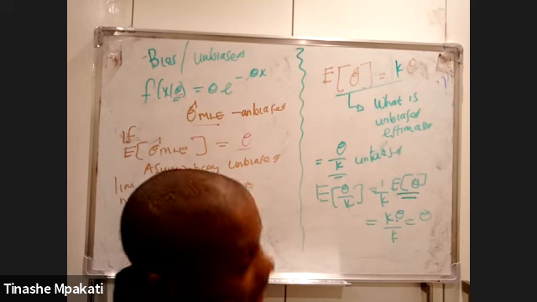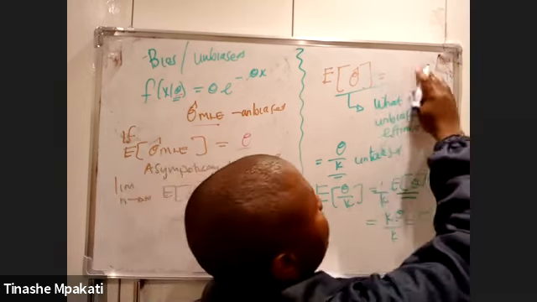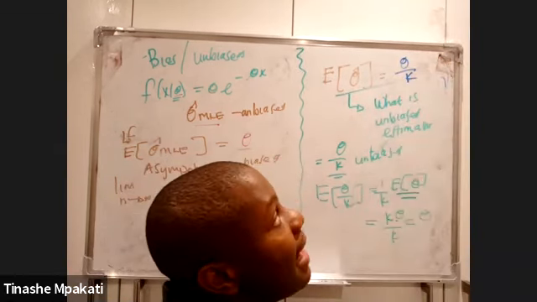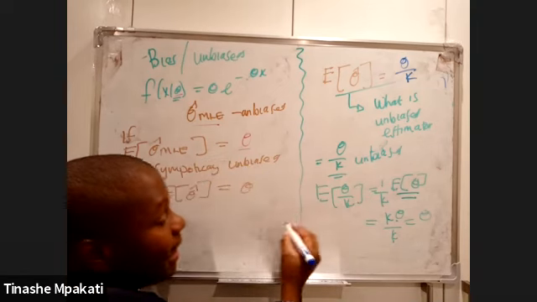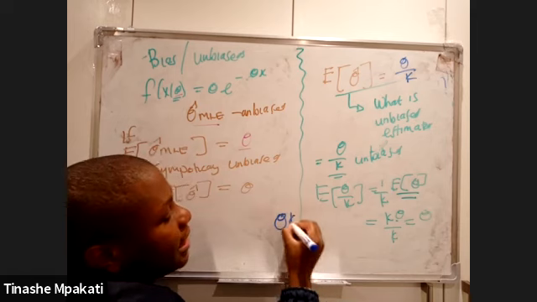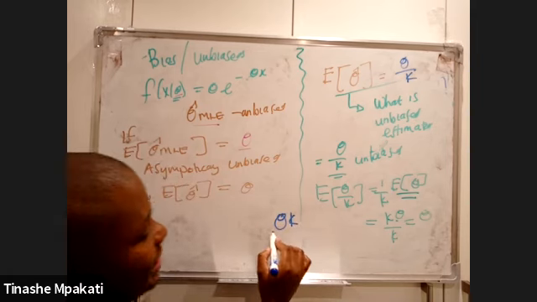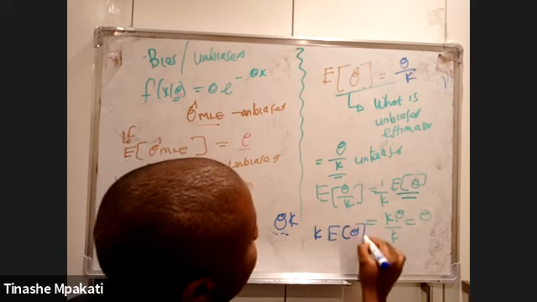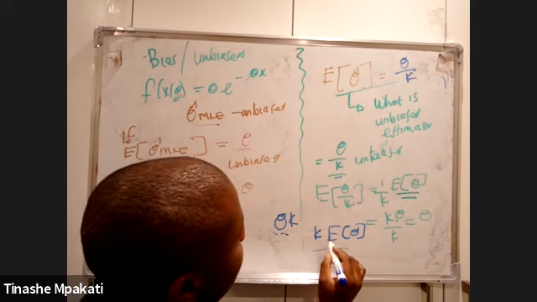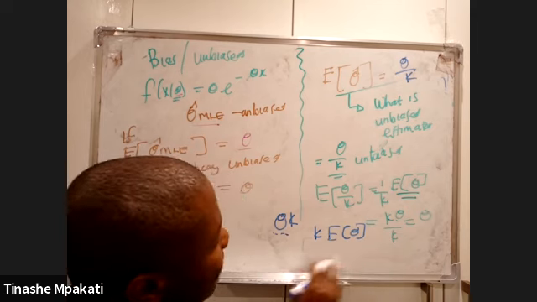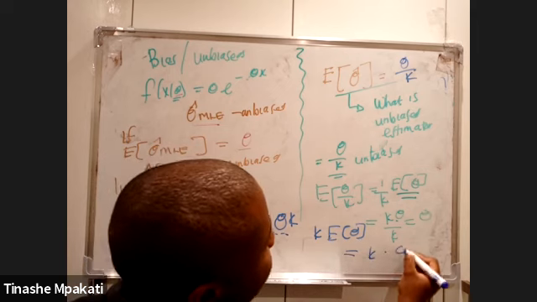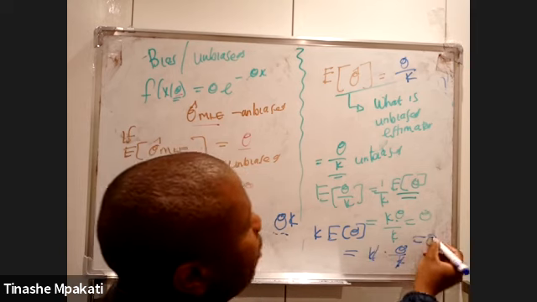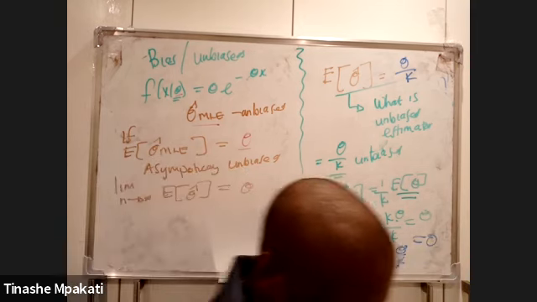So if the expectation was equal to theta over k, my unbiased estimator would be theta multiplied by k. Why? Because when I take the expectation of this, it gives me k multiplied by the expectation of theta, which is k multiplied by theta over k, such that the k's cancel and I'm left with just theta.